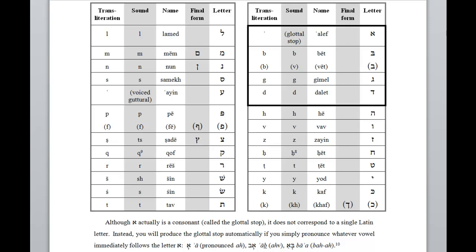Instead, we find ourselves producing this glottal stop automatically if we simply pronounce whatever Hebrew vowel immediately follows the letter Aleph. So, for example, Aleph, followed by a kametz vowel, produces the sound ah, and in order to begin that, you'll notice a constriction in the back of your throat, ah.